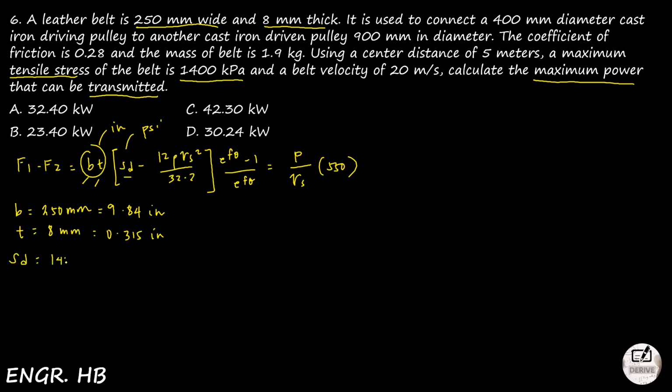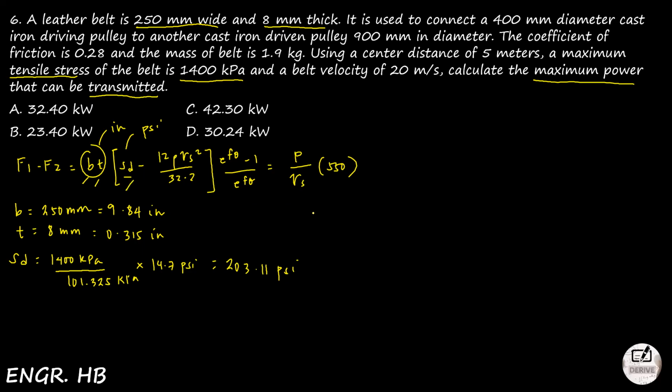In 1 atmospheric pressure, there is 101.325 kilopascals, and in every atmospheric pressure, there are 14.7 psi. So converted to PSI, 1,400 divided by 101.325 times 14.7, and that is 203.11 PSI.